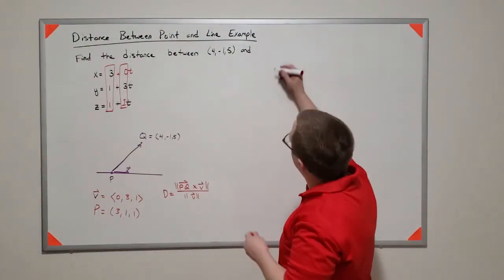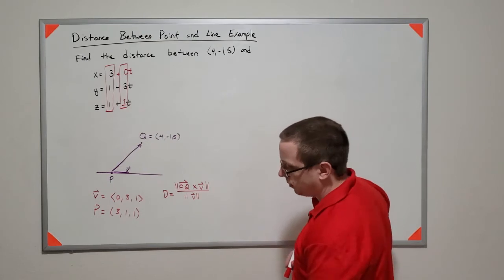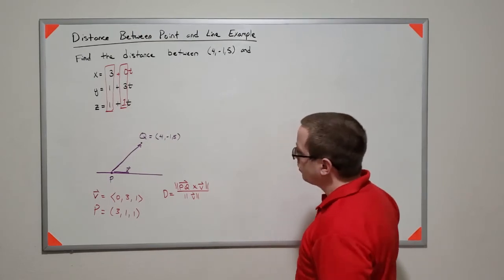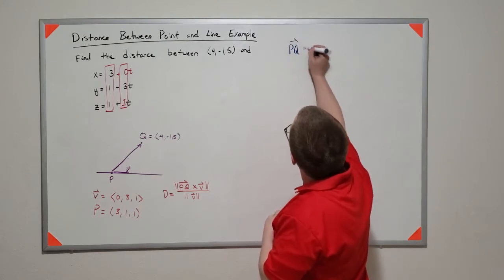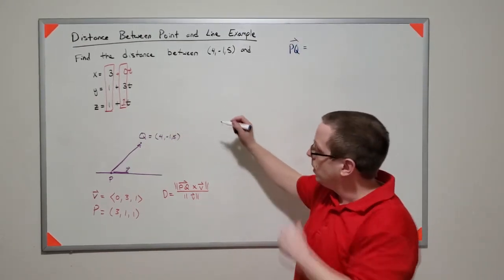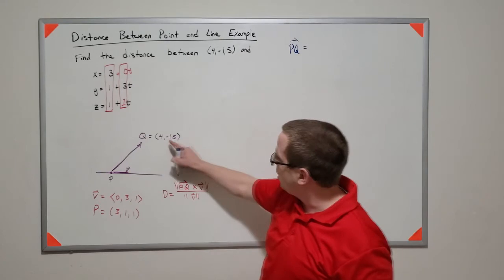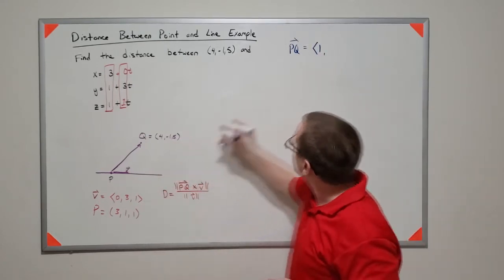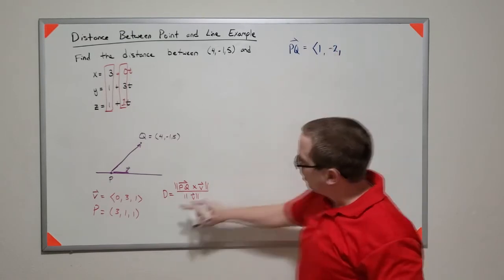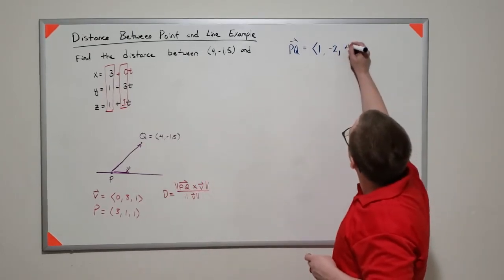So then we can get PQ by taking P and Q here. So we have a vector of 1, looks like -2, and looks like 4.